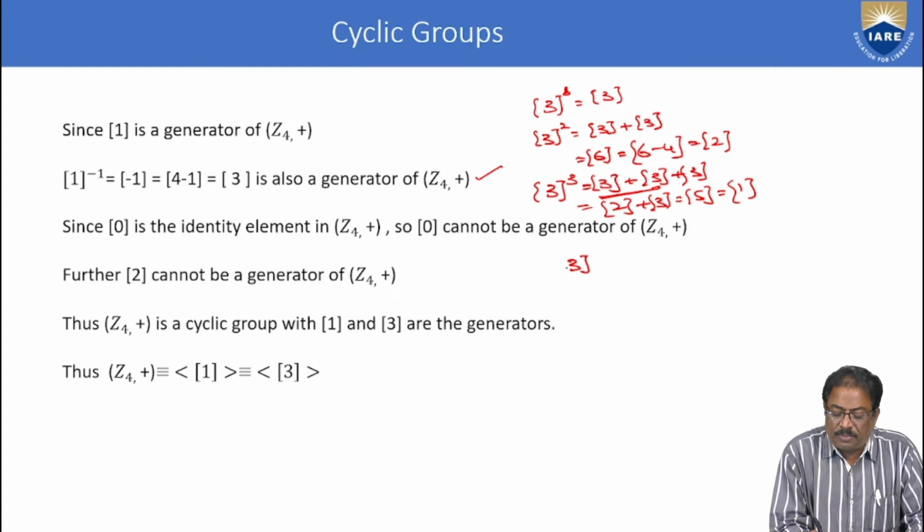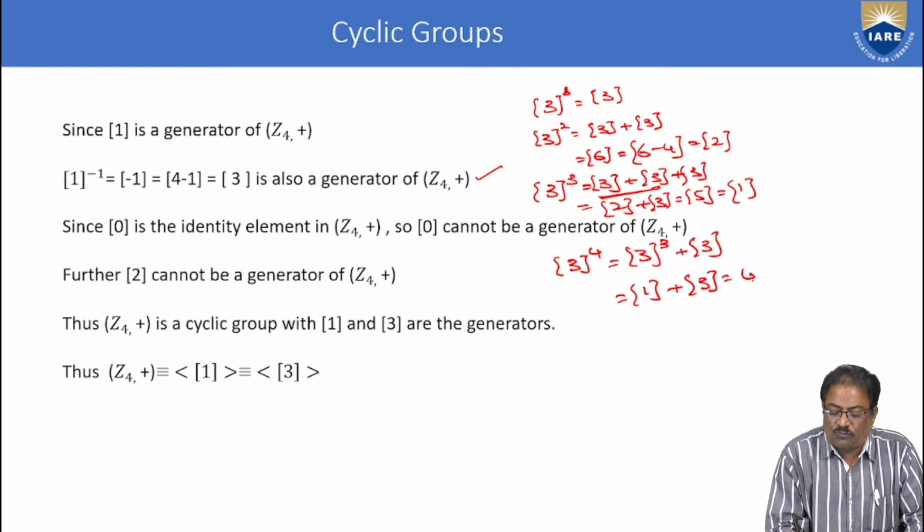Then similarly 3 power 4 is 3 power 3 plus 3. So this is 1 and the next 3, which is equal to 4.